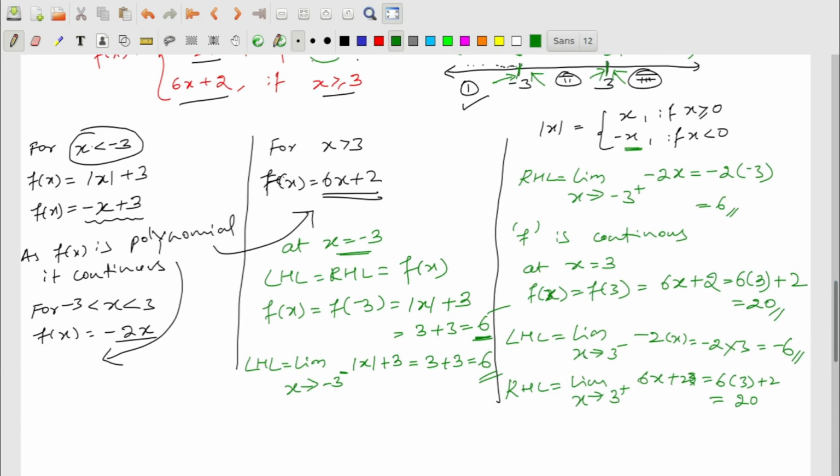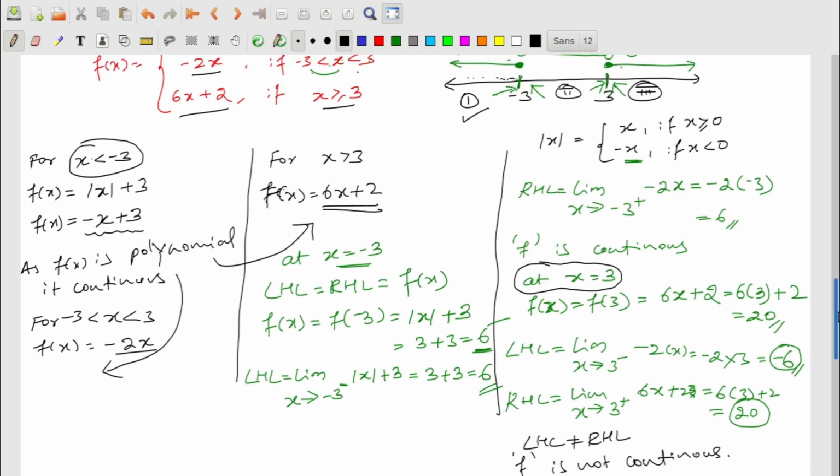Fine. So now here LHL we got minus 6 and RHL we got 20, right? So LHL is not equal to RHL, hence f is not continuous at x is equal to 3, right?